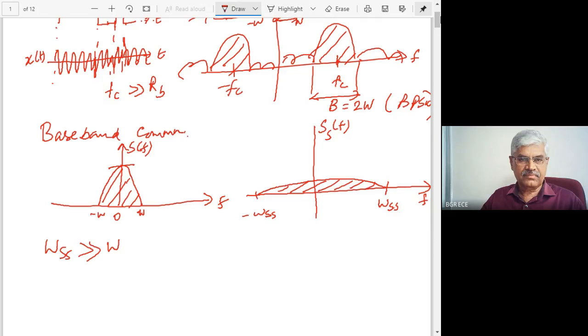That means when somebody wants to intercept, this is what normally happens in military communication. In civilian communication, no one will intentionally jam your signal, because you are not allowed to jam. If anybody is found to be jamming the signal, they will be taken out of the system.